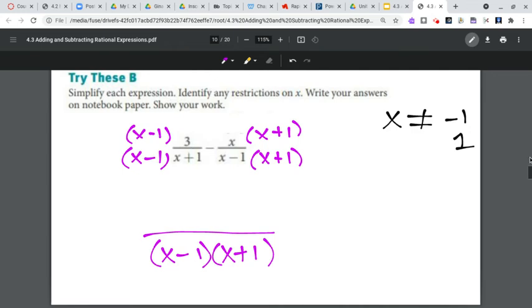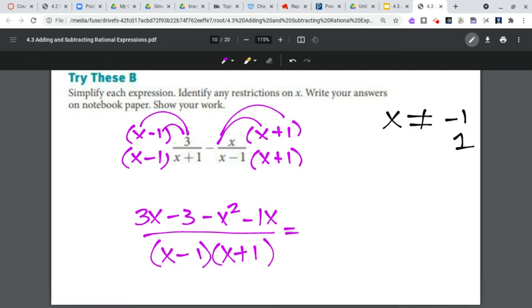I'm going to distribute into the top, which is going to give me 3x minus 3, and then minus x squared minus x. Okay. I'm going to combine like terms in the numerator, and that leaves me with negative x squared plus 2x minus 3.